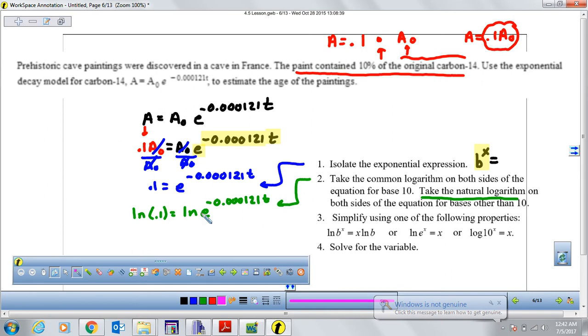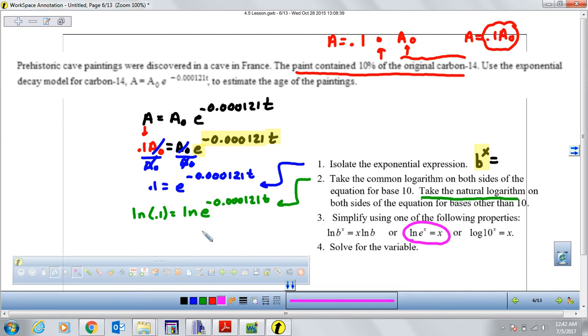Remember that natural log of E basically is going to disappear. Natural log of E raised to some power x just gives me that exponent x. That's the definition right here. So ln of E basically disappears and just gives me negative 0.000121 times T is equal to the natural log of 0.1. This is my step 3.